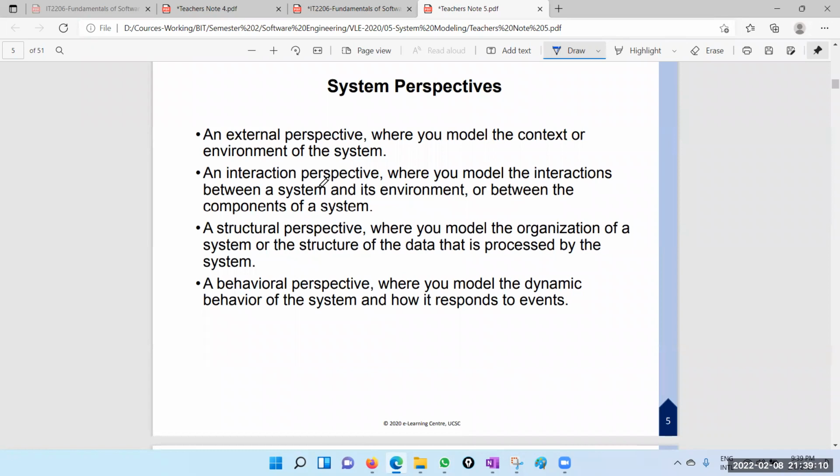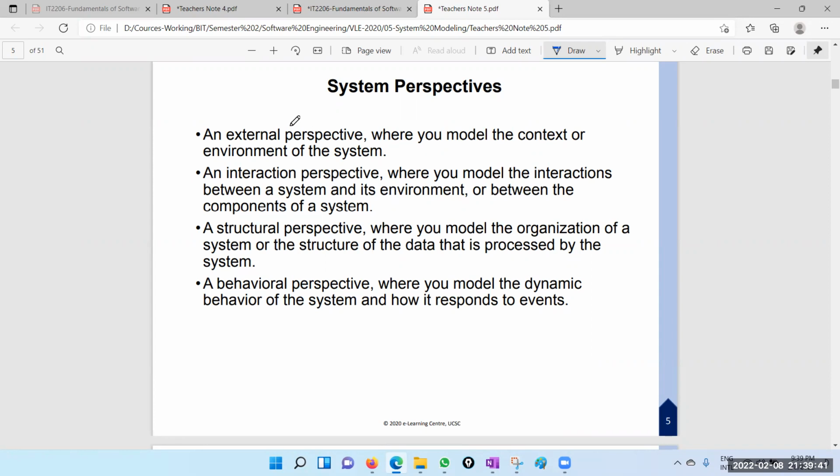And again, when you are designing, when you are modeling the solution, we can look at it from different perspectives. Perspectives means different viewpoints. Remember, we explained that user interface design, application design, database design, and system integration design are models. This is also a little bit like that, but a different way.